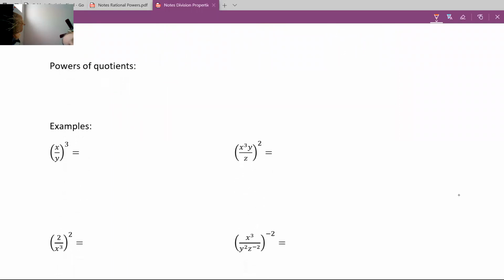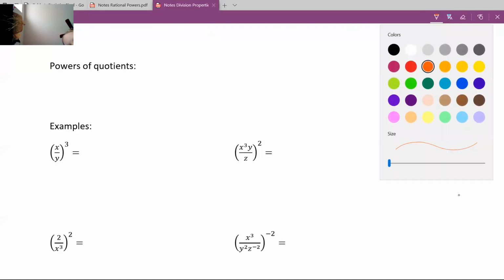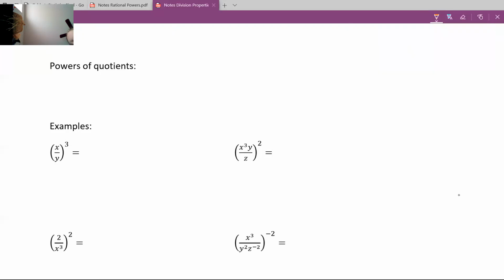And last but not least for this section of notes is called powers of quotients. So what that means is if I have a fraction raised to a power, I distribute the power to every piece inside.